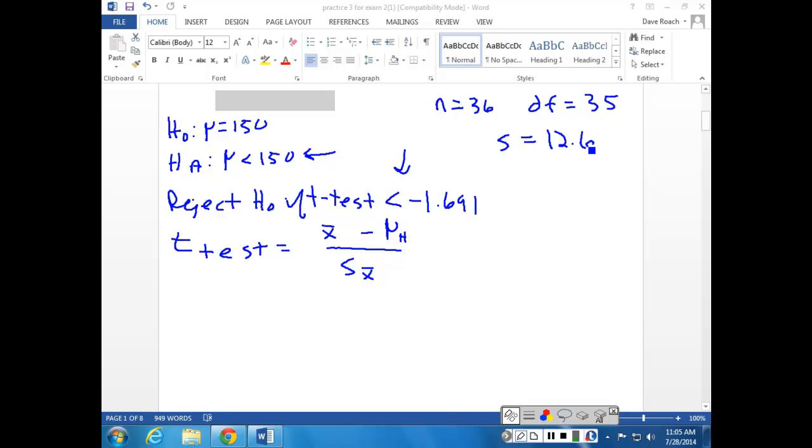And so if that's the standard deviation, just S, or if you want to put standard deviation of the x's. But what we need is the standard error of the x bars, which is S divided by the square root of n, or 12.6 divided by the square root of 36. And I believe that'll be 2.1.